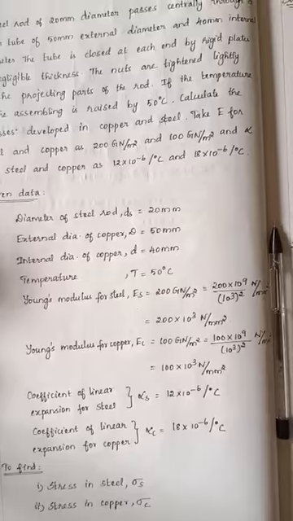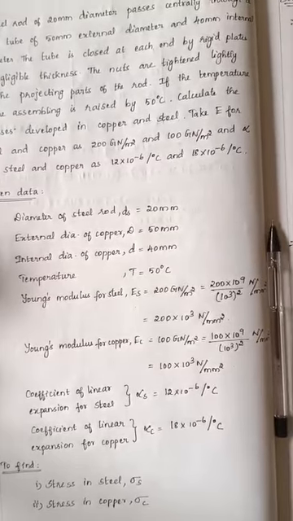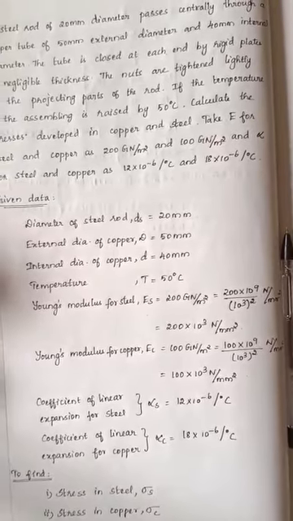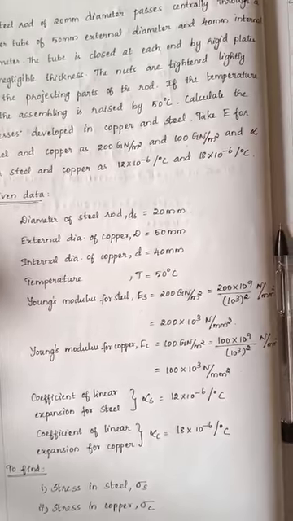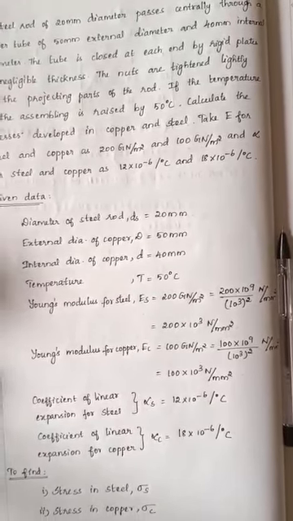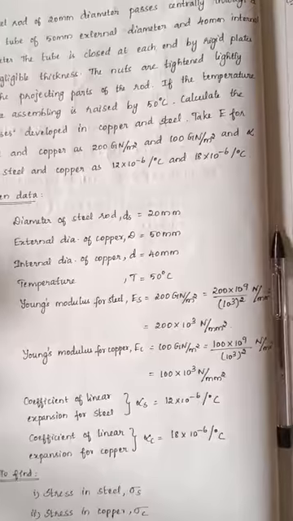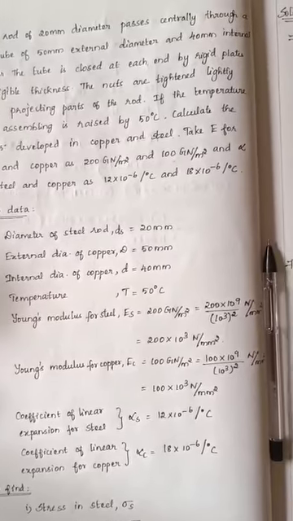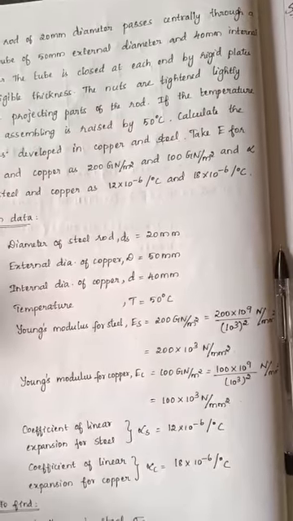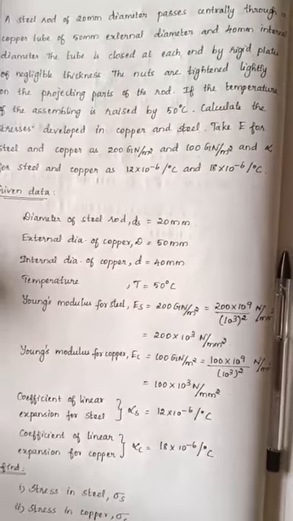Then we know that capital E denotes the Young's modulus. Young's modulus for steel as well as copper is given. Therefore, Young's modulus for steel, capital E suffix S represents the steel, Es equal to 200 giganewton per meter square. Therefore, you have to convert the value into Newton per mm square. Giga, we multiply by 10 power 9.